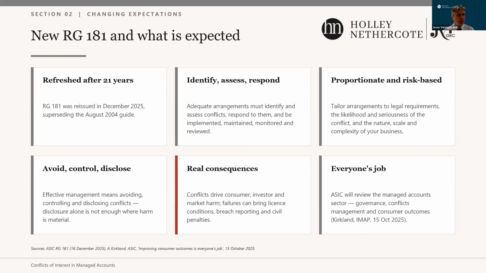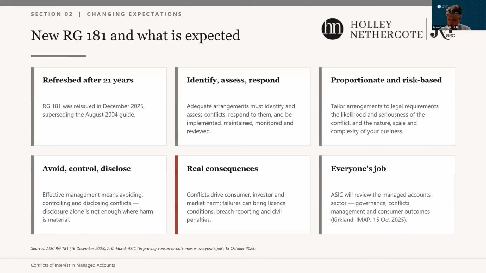So it's effectively how far do you need to go into the management of your conflicts of interest is really based on those concepts. Again, the way in which conflicts can be managed is through either disclosure, control, or avoidance. And probably one of the significant changes is the expectation that disclosure alone is unlikely to be sufficient. So more than just disclosure, whereas probably in the previous version, there was a heavy reliance on disclosure.